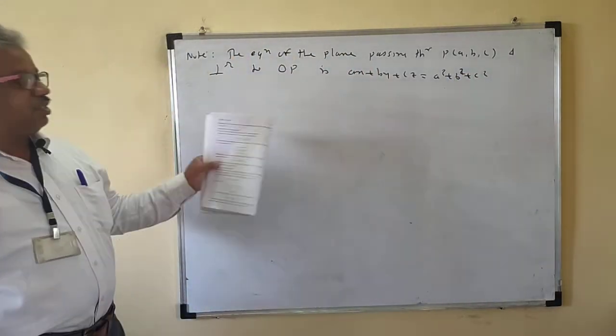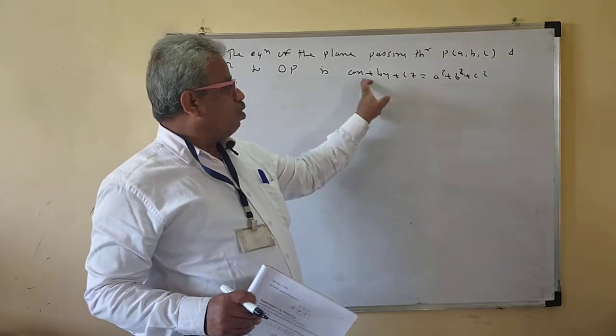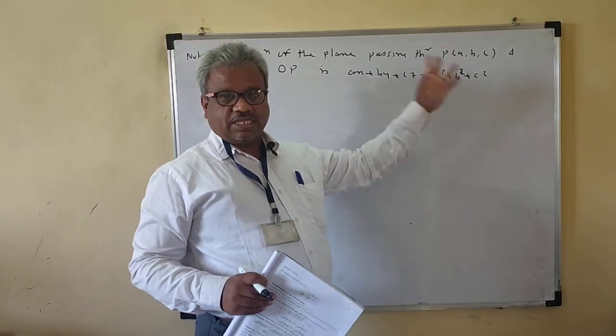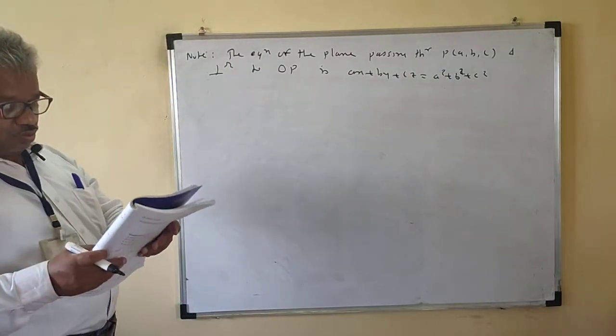For objective this note is very important. Here these are the coordinates of P, and this is a square plus b square plus c square, that is 6 here. From that example you can make this note.